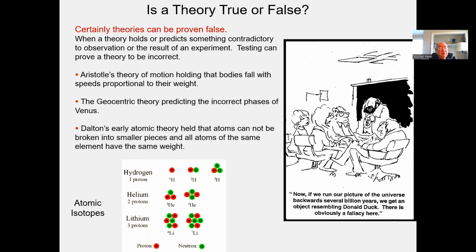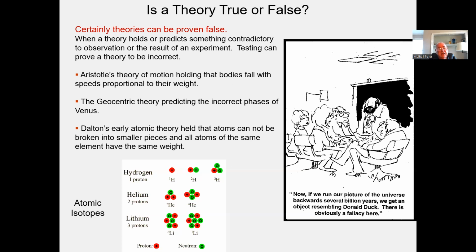The geocentric theory predicts the incorrect phases of Venus, as we've mentioned. And Dalton's early atomic theory held that atoms cannot be broken into smaller pieces, that they are the smallest possible piece of matter, and that all atoms of the same element have the same weight. Well, neither of those two statements turn out to be true. In fact, we learned in high school chemistry that atoms are made up of electrons and protons and neutrons. And the same element does come in different weights.